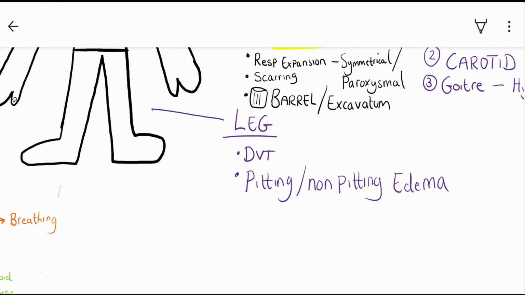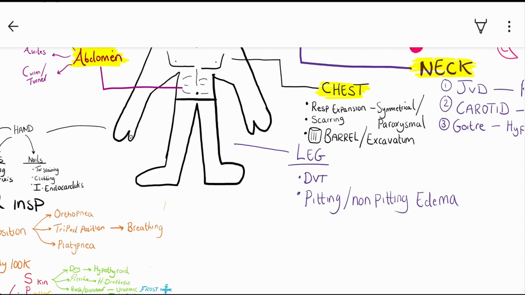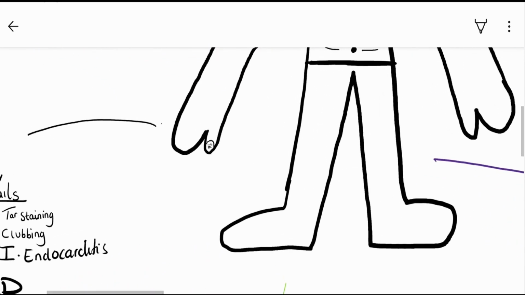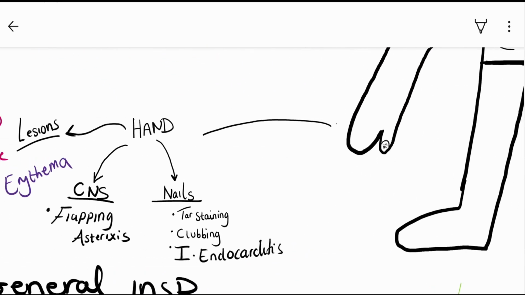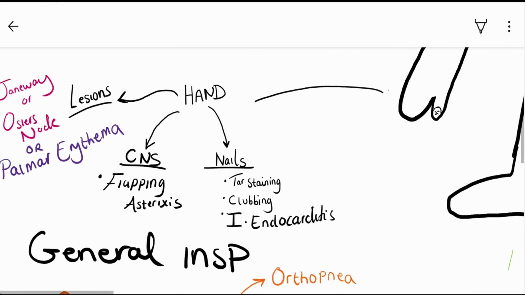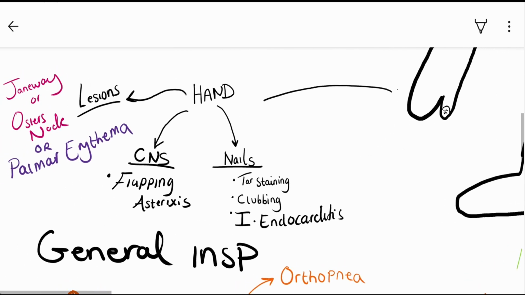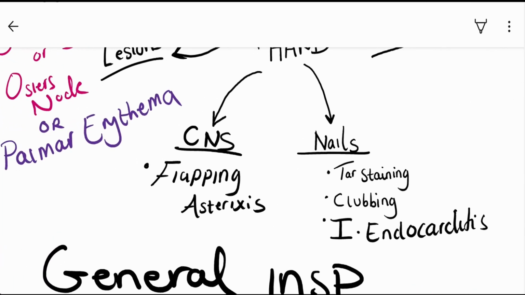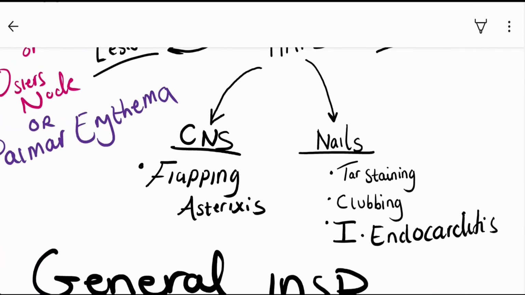Okay. And looking at the hand can be useful to indicate certain things such as flapping asterixis. Basically, when you raise your hands to 90 degrees in association to your forearm, do you have this flapping motion?